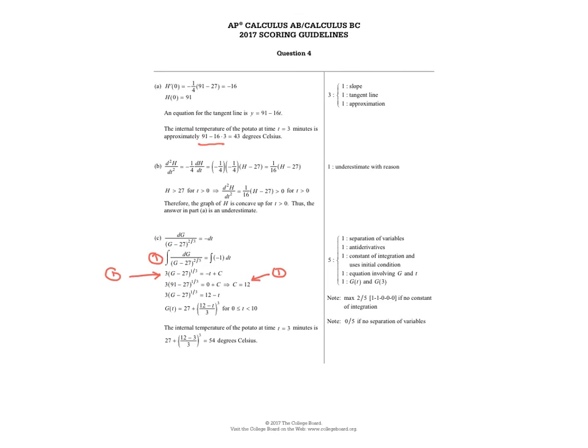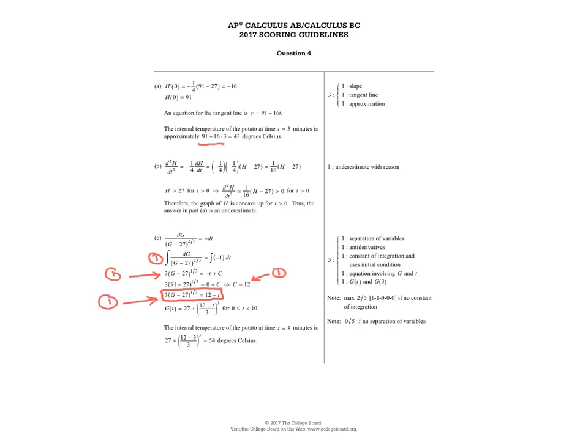Now look at the fourth one. As long as you have an equation involving g and t, you'll get the point. So that's this one right over there. Somewhere on your paper, as long as you have this, so that you remember to plug in the 12, the c, you have the fourth point right there.